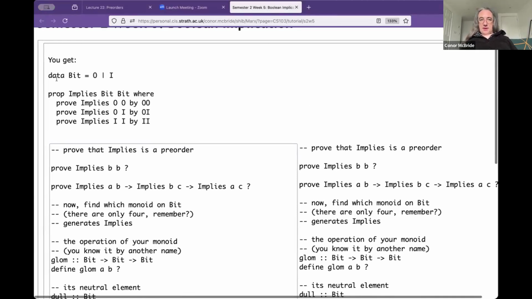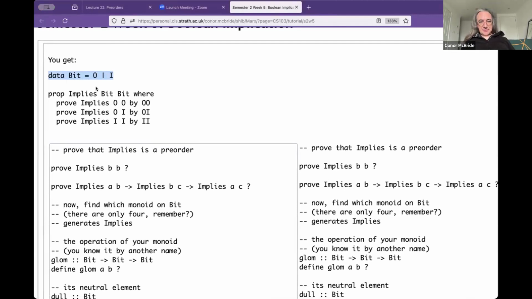First of all, I give you the data type of bits, with O and I representing 0 and 1. And then I define the Boolean implication relation. All I'm doing is saying there are 3 ways to do it, corresponding to the 3 lines in the truth table where 1 comes out.